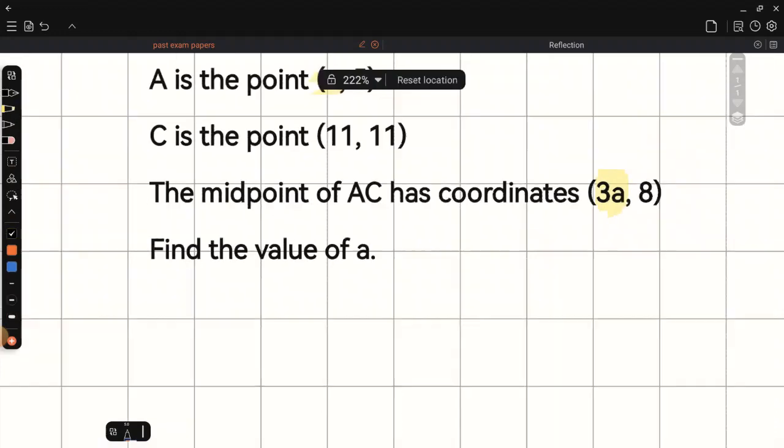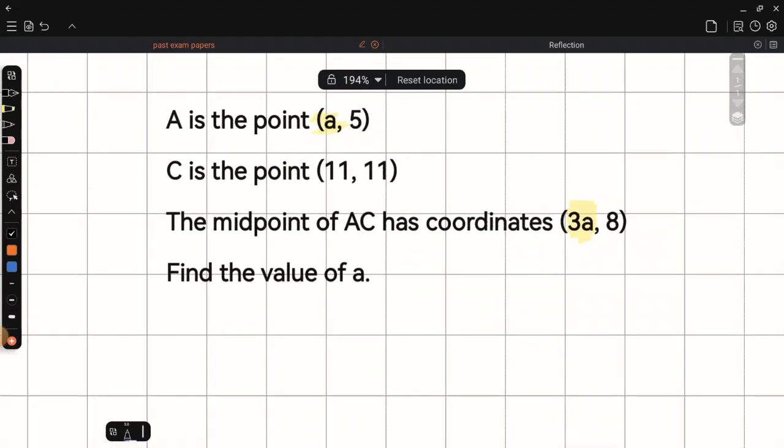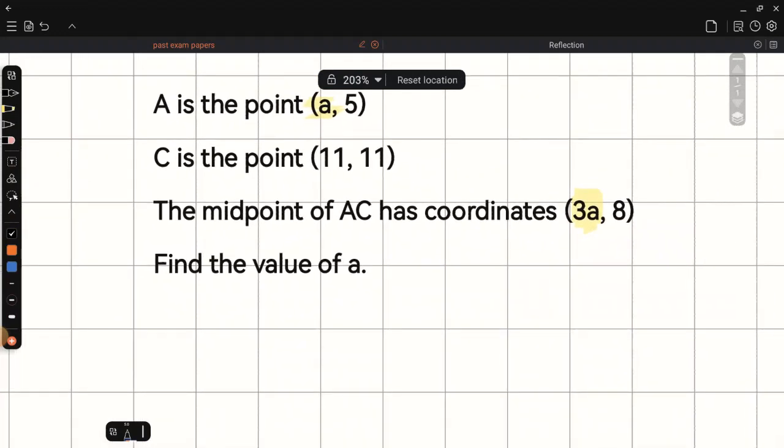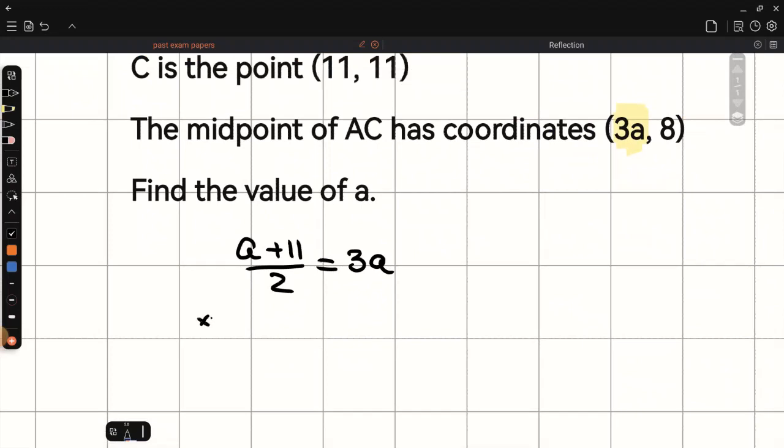Now let's use the formula for the midpoint and write it up for the x values first. So we will have a plus 11 divided by 2 gives us 3a. Okay, so now let's multiply both sides by 2. So we will have a plus 11 equals 6a.